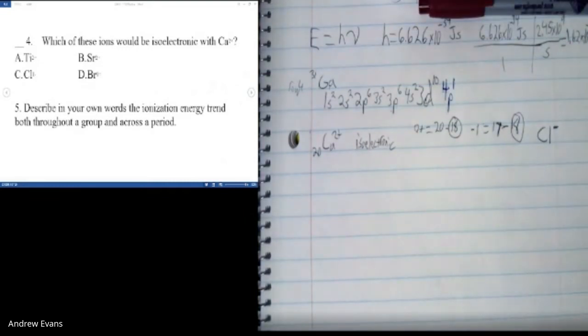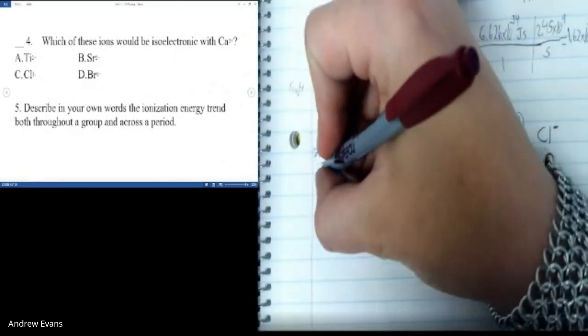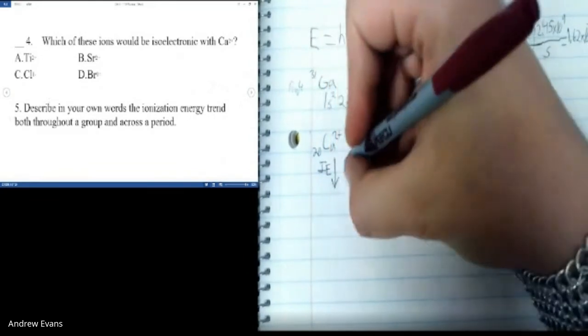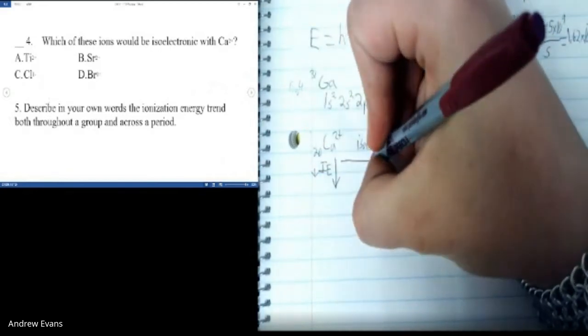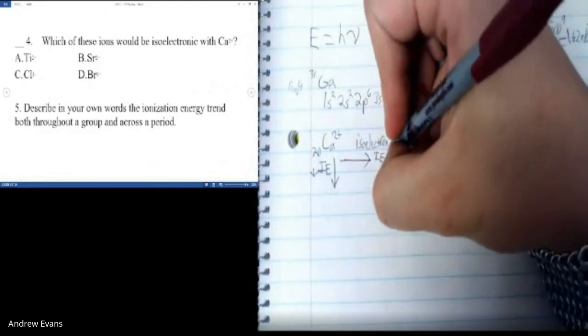Now describe in your own words the ionization energy trend both throughout the group and across a period. So ionization energy decreases as we go down the table, and as we go across the table, ionization energy goes up.